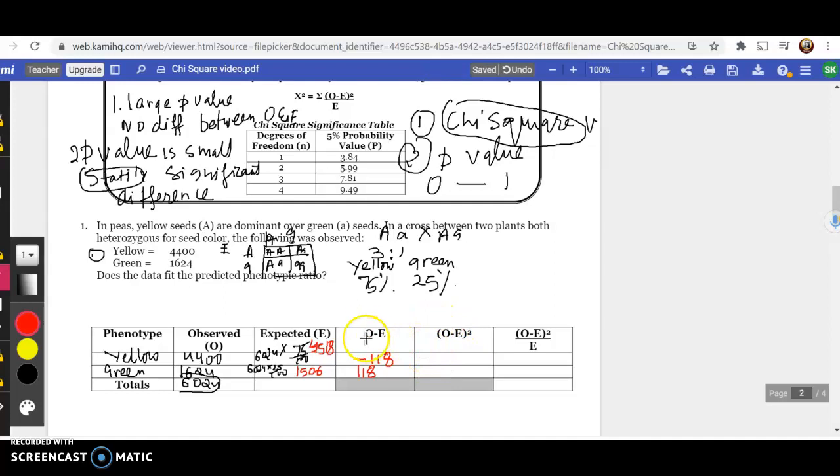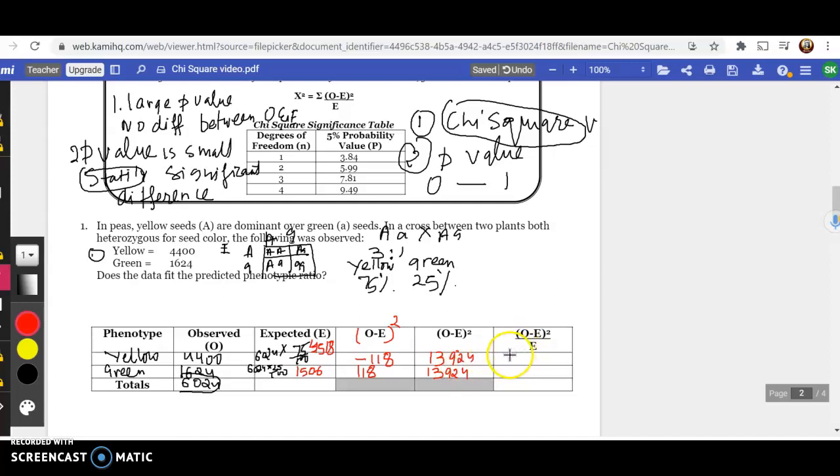Now, when you do the square for this, you're going to get a number which is going to be 13,924. And for this also, the number is going to be 13,924. So you're going to divide this number by the expected number. So you're going to divide 13,924 by the expected.